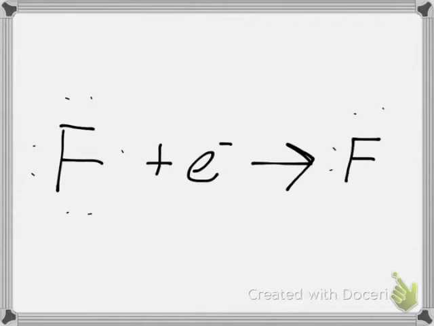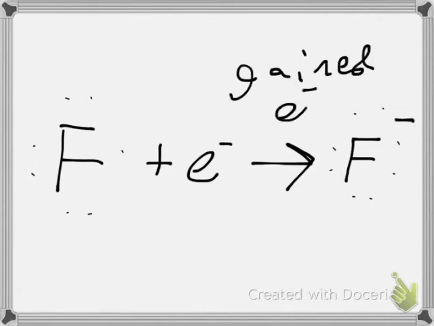Okay, so there's our electron dot structure. But it is actually going to gain an electron. So when it gains that electron, it becomes fluorine with a negative charge, because remember, it gained an electron.